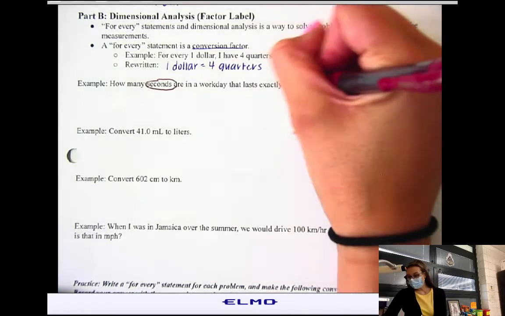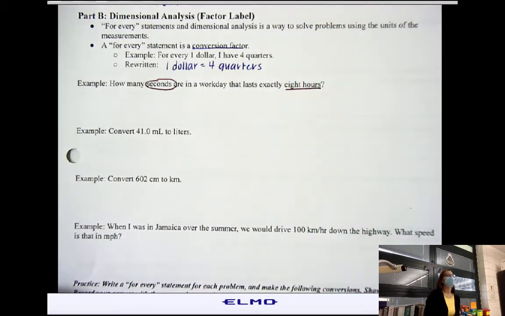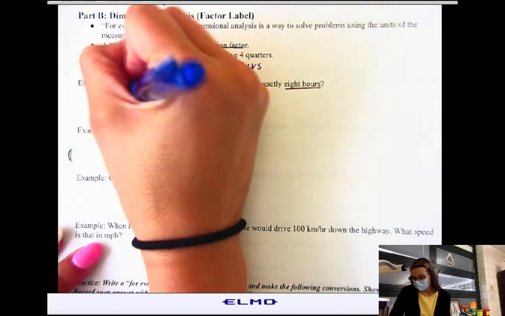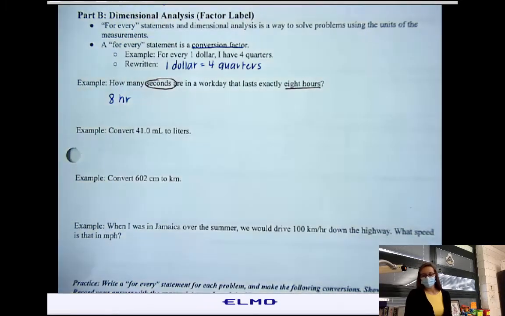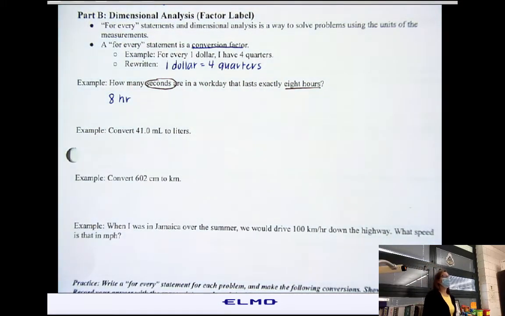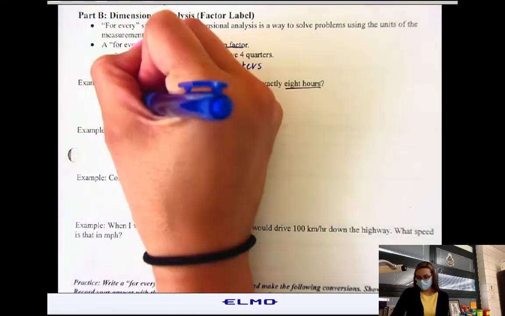My given information is 8 hours. We always start with the given information. So I'm going to start with 8 hours, HR for hours.